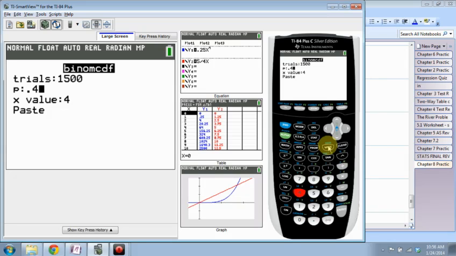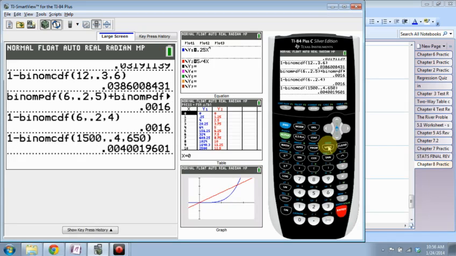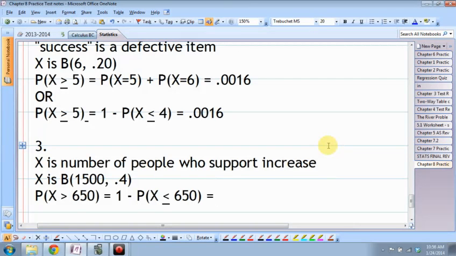Probability of success is 0.4, and we want to know 650, less than or equal to 650. 0.0040.